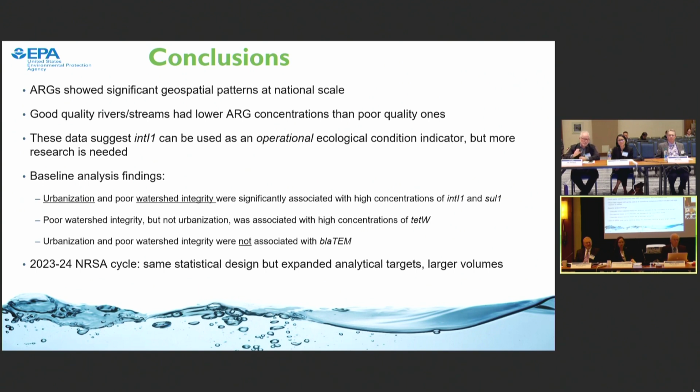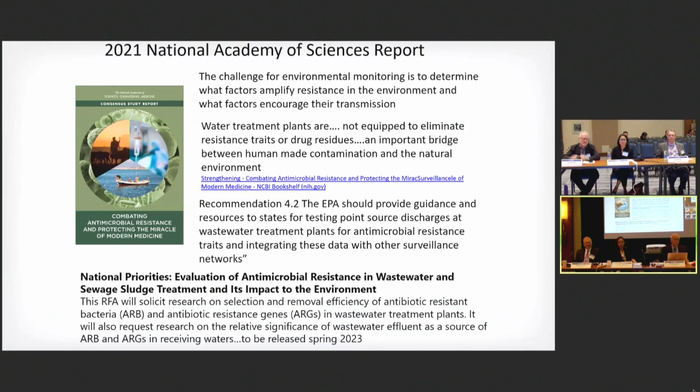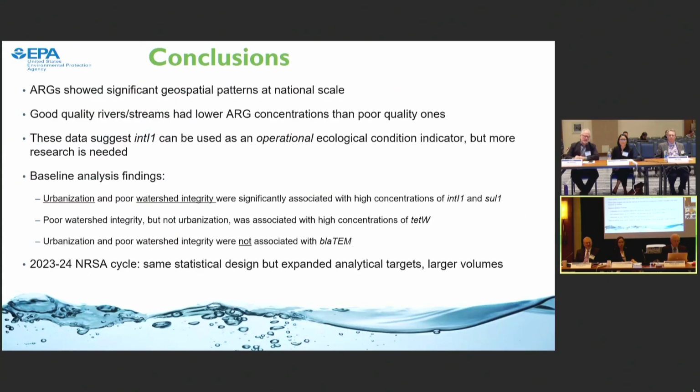The INT1 really was a strong operational ecological indicator, condition indicator. That's something that we're very interested in. It's part of the study. It's having indicators. And then specifically for some of these, we saw relationship to urbanization in the watershed.